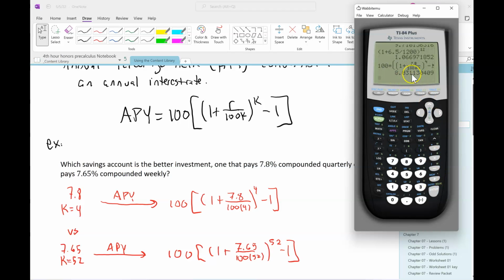So the first one is about an 8.03% interest rate. Cool. So we'll change the 4s to 52s, and then the 7.8 to 7.65. And that's a 9.4%.